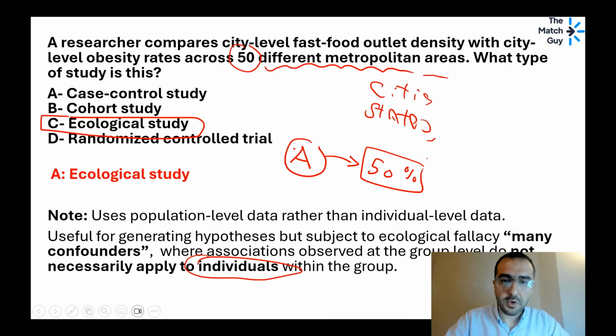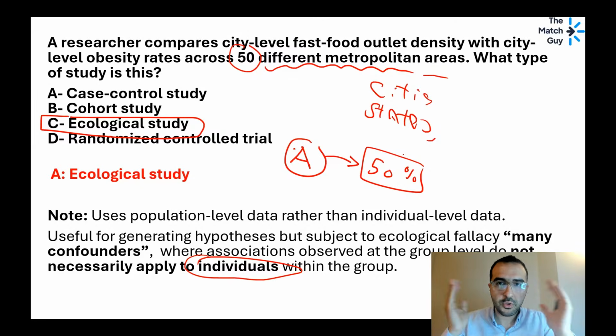So if an individual from this city presents to the office and asks what is my risk of developing coronary artery disease, if you said 50%, that's wrong because this percentage is applicable to many people. It's not applicable to individuals. So here's an important note I want to highlight.